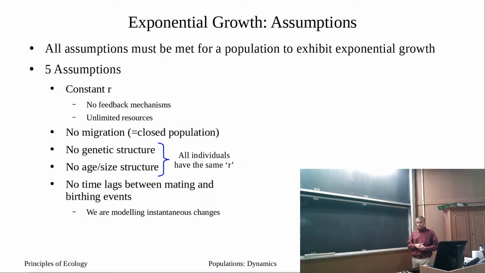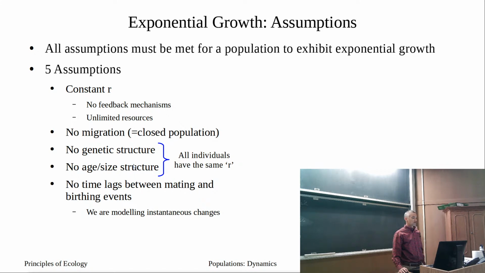The groups could be your ecotypes, your demes, I guess demes would be a better term, for the genetic structure, or your ages or sizes. So larger individuals grouped together, smaller individuals grouped together. You can't have differences in R between those 2 groups. In fact, we don't want that type of structure in our population.